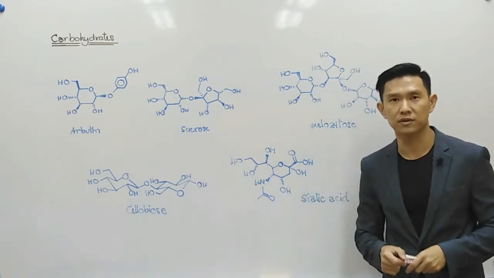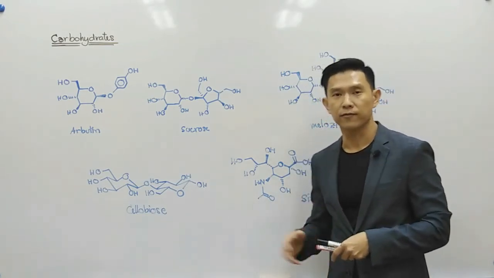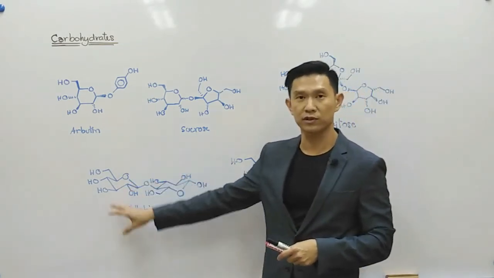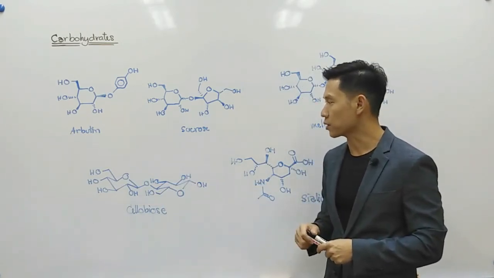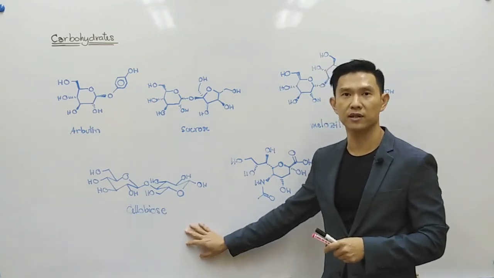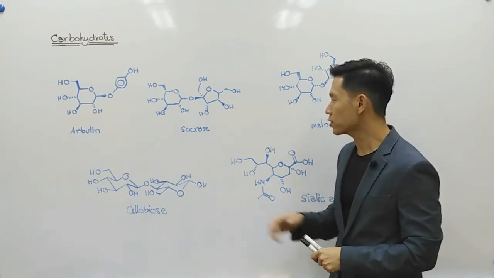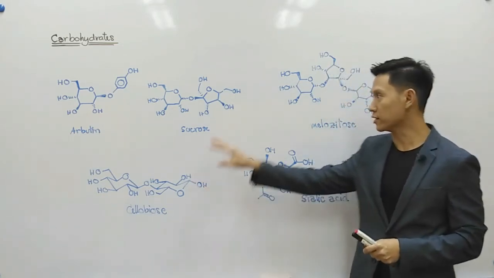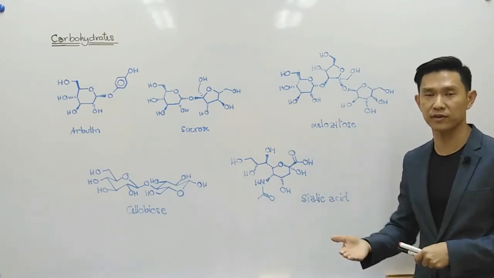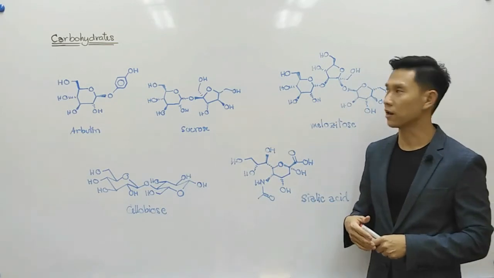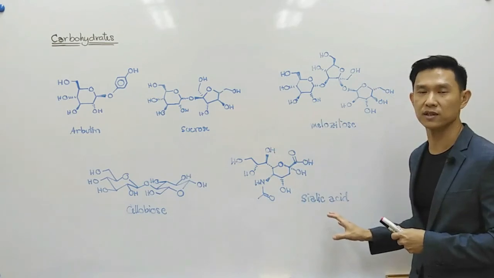What I want you to do is to classify the type of unit, the monosaccharide unit in each structure, and also try to find out whether the compound over here can undergo oxidation by Benedict test or not. So I will show you the cellobiose first, and the rest of the molecules we will talk about afterwards in the next video. But I will let you discuss the structure of these as your homework.